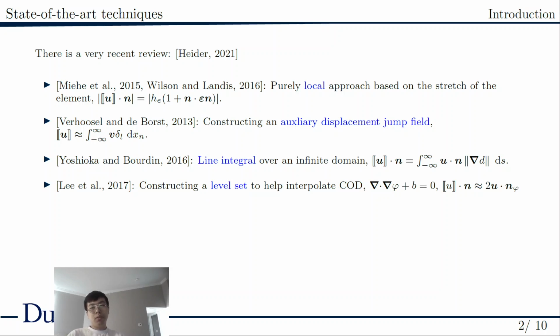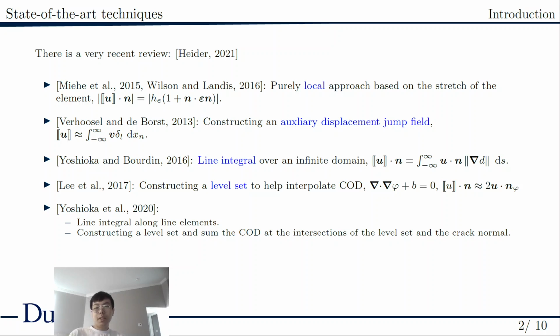The fourth approach is relying on the level set to interpolate COD. It is also a nice approach, but it relies on a strong assumption that the displacement field is perfectly symmetric about the crack. The last approach is proposed by Yoshioka, where they construct a set of line elements that are perpendicular to the crack set, and they perform a line integral using those line elements.